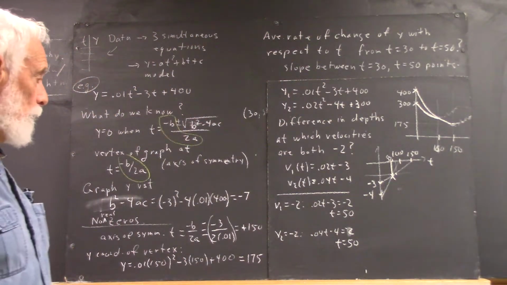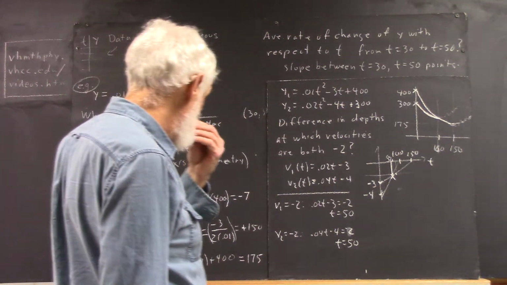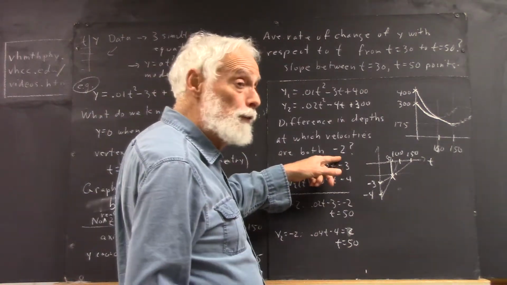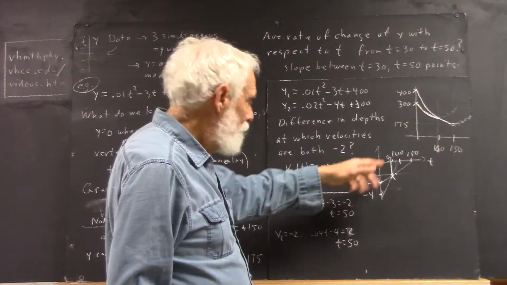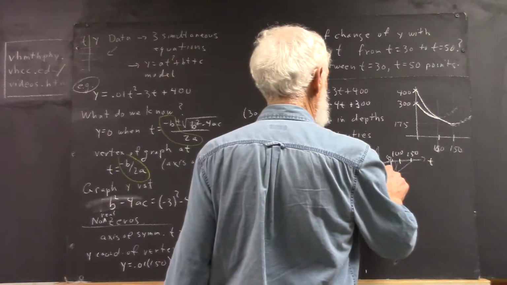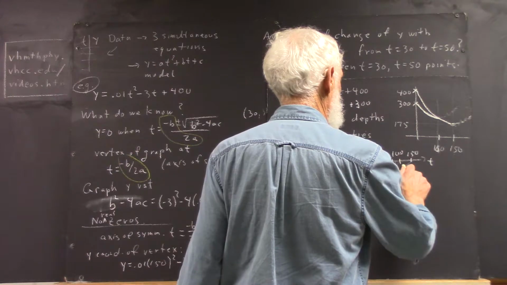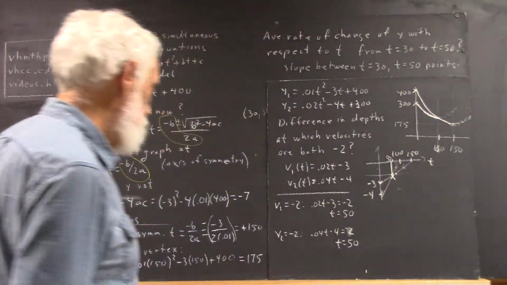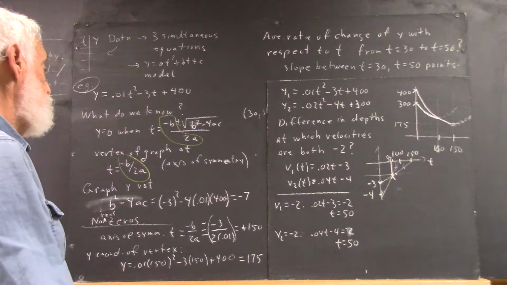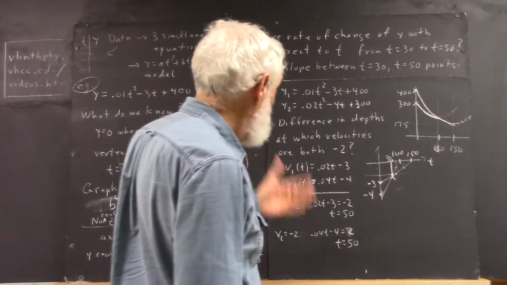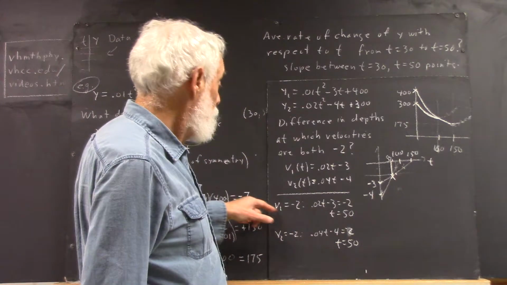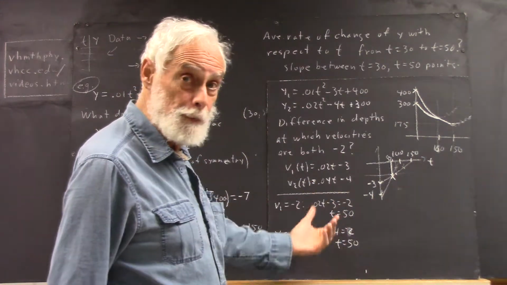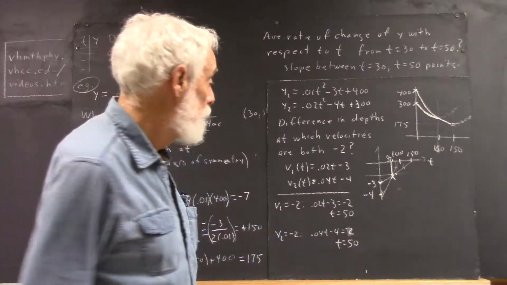Okay, that's a little bit weird. Anyhow, had I chosen both velocities to be -1, the -1 would occur like here, and we would have gotten a point on this graph, and a point on this graph, etc. I'll talk a little bit more about that linear graph maybe. But what we do now is solve for V1 equals -2, solve V2 equals -2. We happen to get the same time, but you don't expect that to happen.